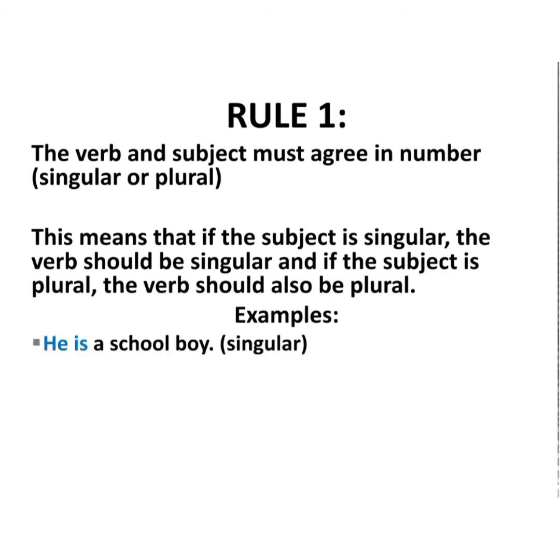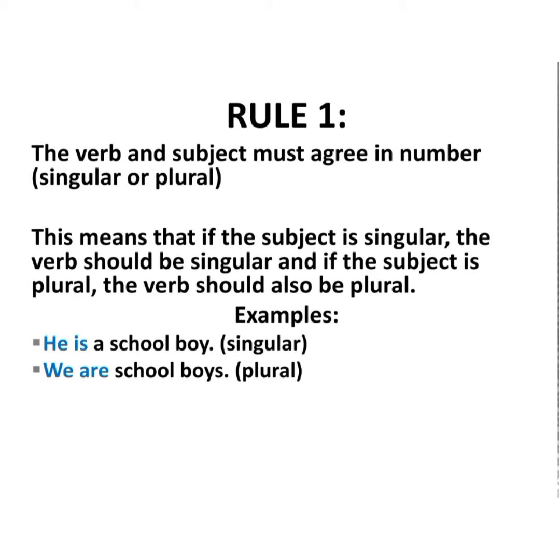Look at these examples. He is a schoolboy. Now, he here is one person, right? Third person, singular. So, the subject is singular, hence, it will be followed by a singular verb is. We are schoolboys.